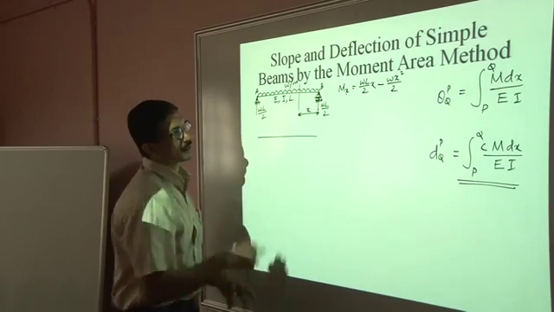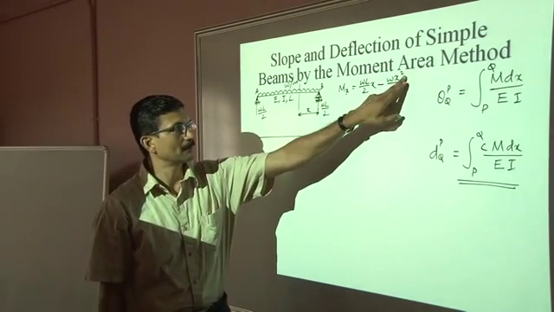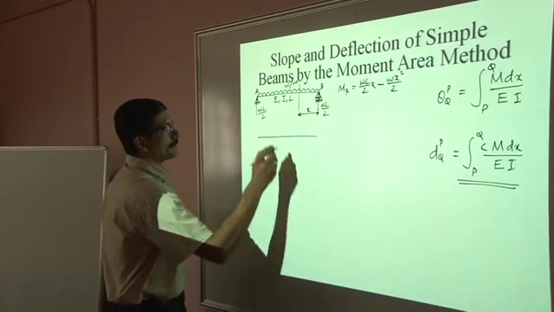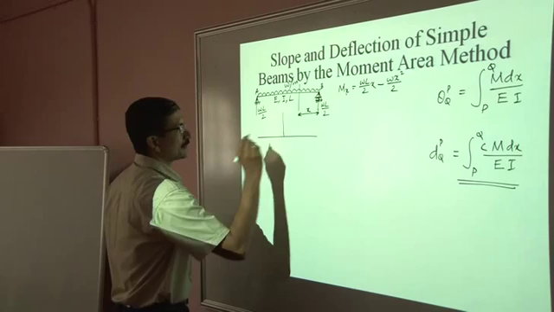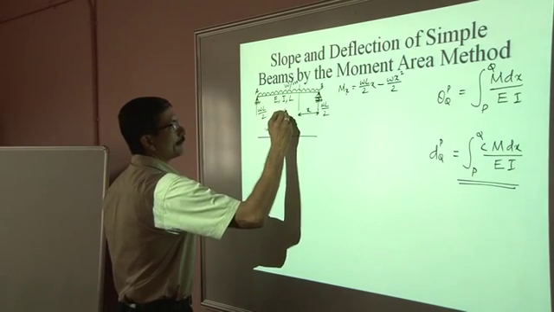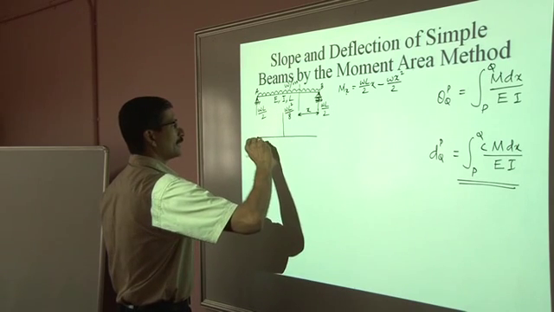And if you follow that, you can see that the variation is going to be parabolic, second degree. So finally, if you draw the bending moment diagram, you are going to get maximum ordinate at the center equal to W L square divided by 8, and the bending moment diagram will be like this.